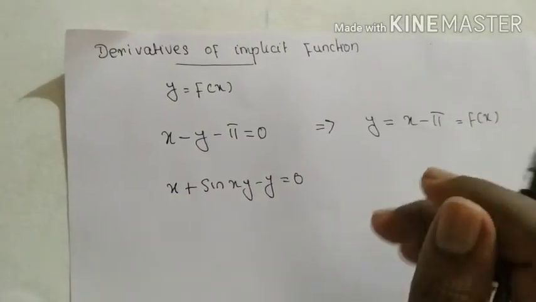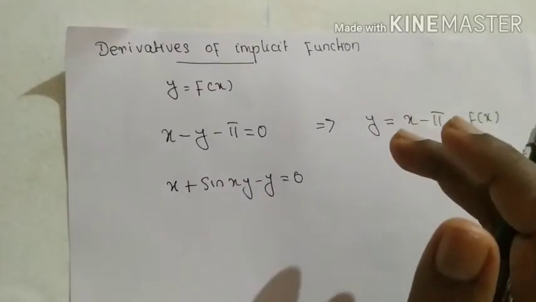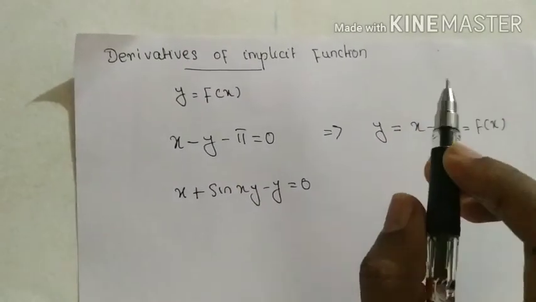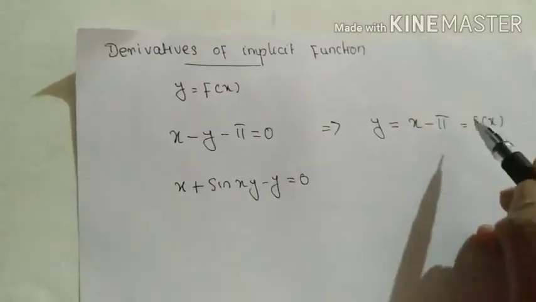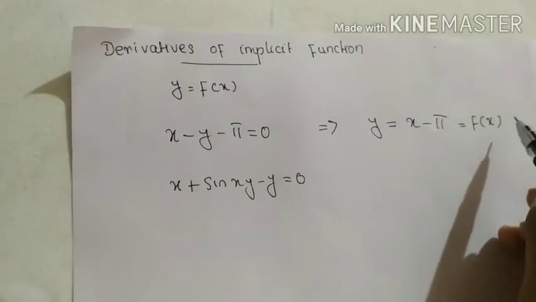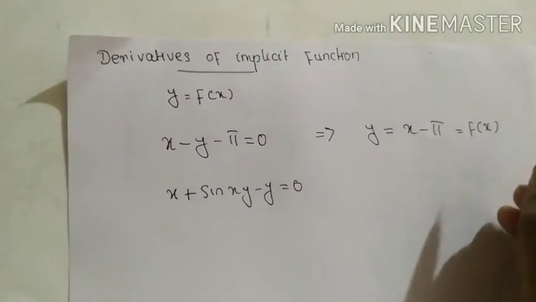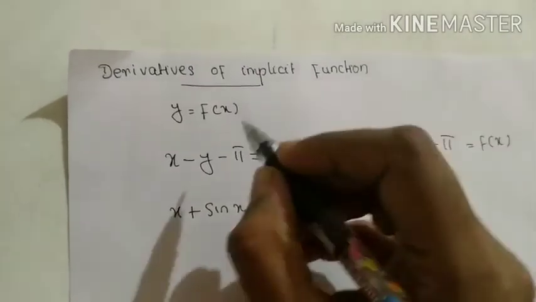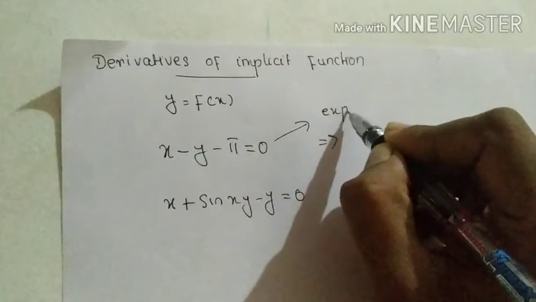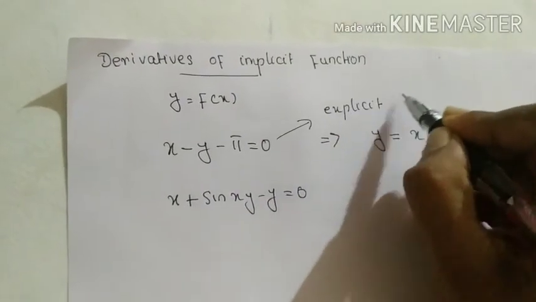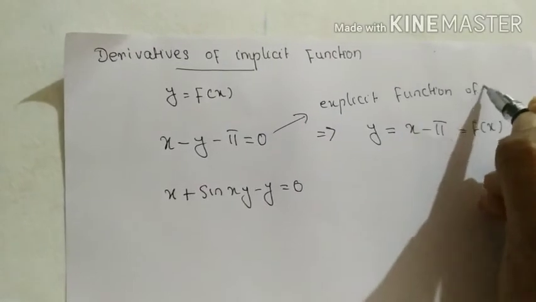When a relationship between x and y is expressed in a way that it is easy to solve for y and write y equal to f of x, we say that y is given as an explicit function of x. That is, this one is an explicit function of x.